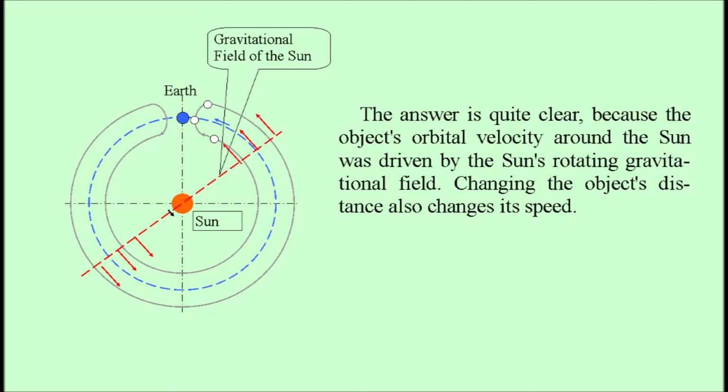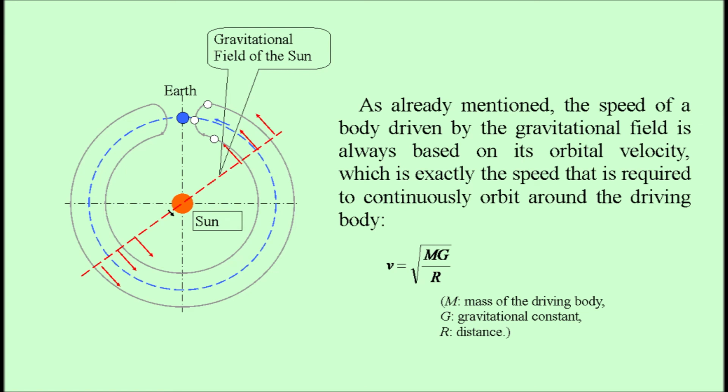Changing the object's distance also changes its speed. As already mentioned, the speed of a body driven by the gravitational field is always based on its orbital velocity, which is exactly the speed that is required to continuously orbit around a driving body.